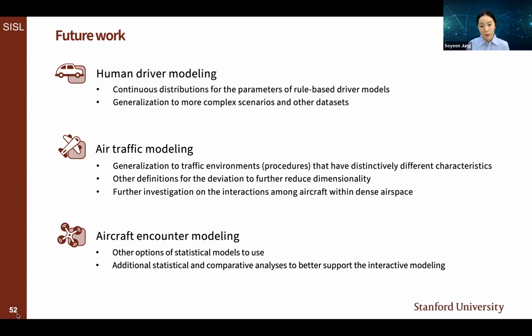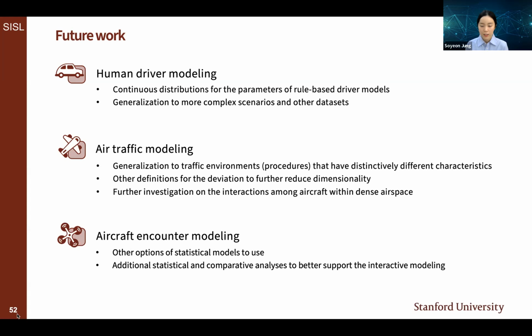Also, I think we can further reduce the dimensionality and improve our model by using other definitions for the deviation of the aircraft from the procedure. Additionally, further investigation on the interactions among aircraft may lead to a more representative model.